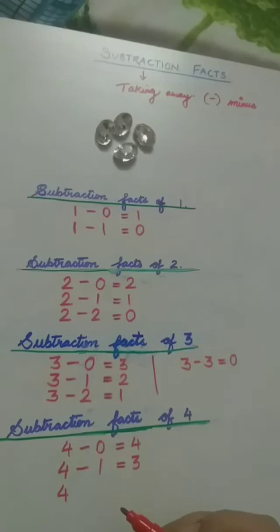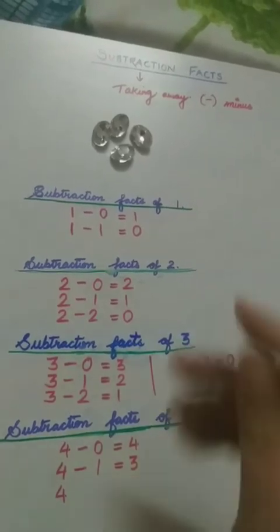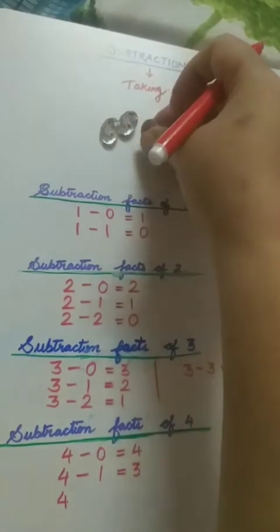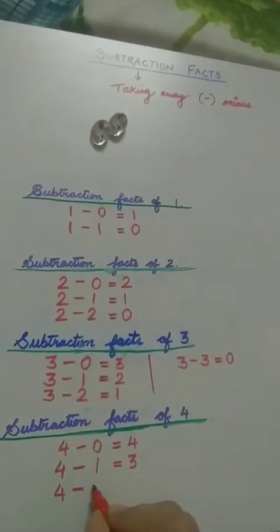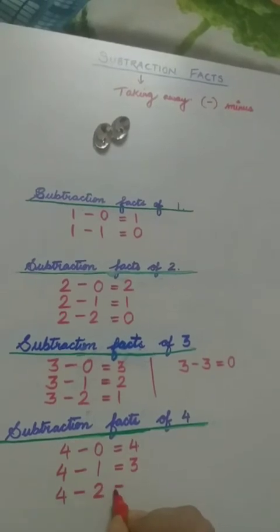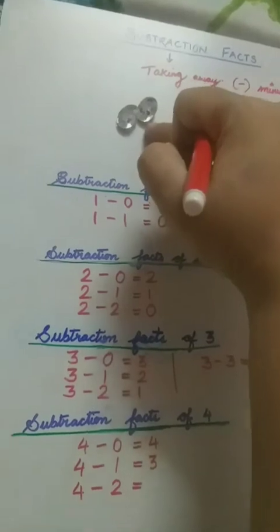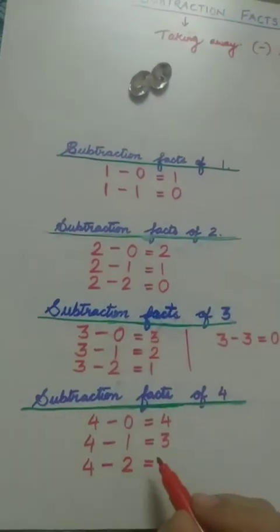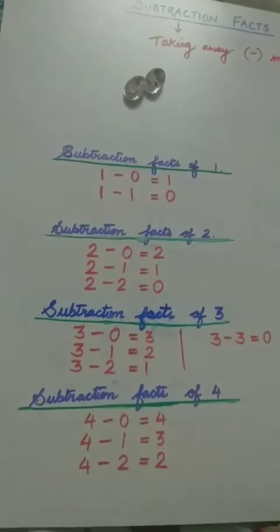Now we will take away 2. So from this 4, we will take away 2. So 4 minus 2 is equal to, how many are left? 1, 2. So 4 minus 2 is equal to 2.